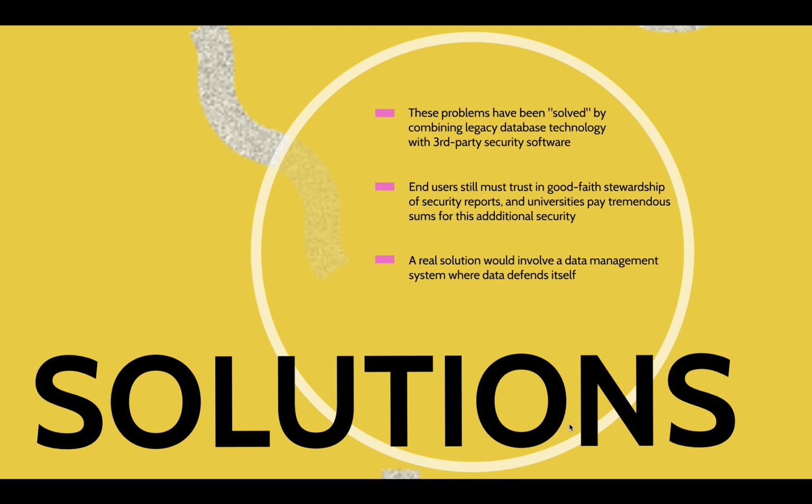The second point here, though, is that in the current setup, where again we're combining legacy data with third-party security software, end users, the everyday users who are relying on these current solutions, are still having to put their trust in good faith stewardship of security reports. So first, you have to assume that the security software is doing what it says it does.